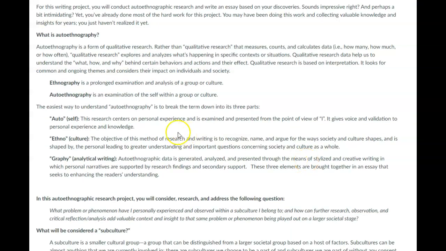And so if you look at autoethnographic research, auto means self. So the difference is, for this type of research, you look at your own life. We look at our own life, our own experiences in communities, in subcultures, and in groups. And we look at the culture, the things that are happening, find something significant that we know, and then we analyze it.